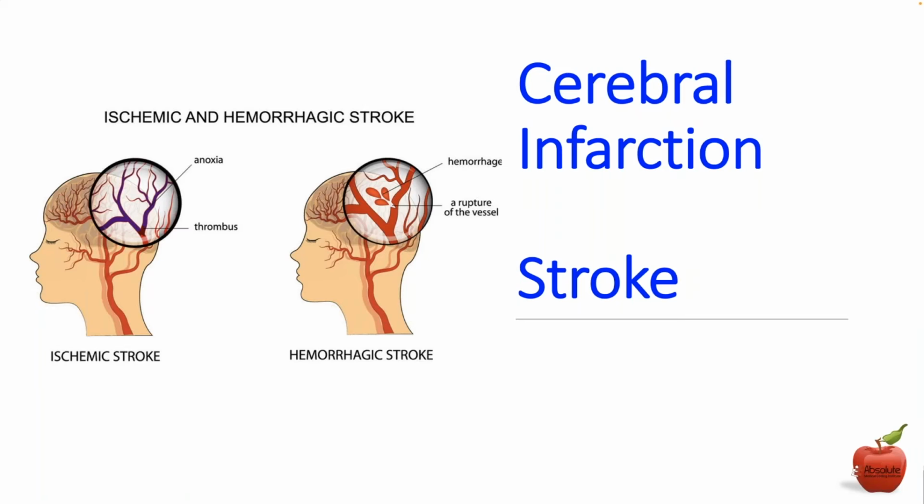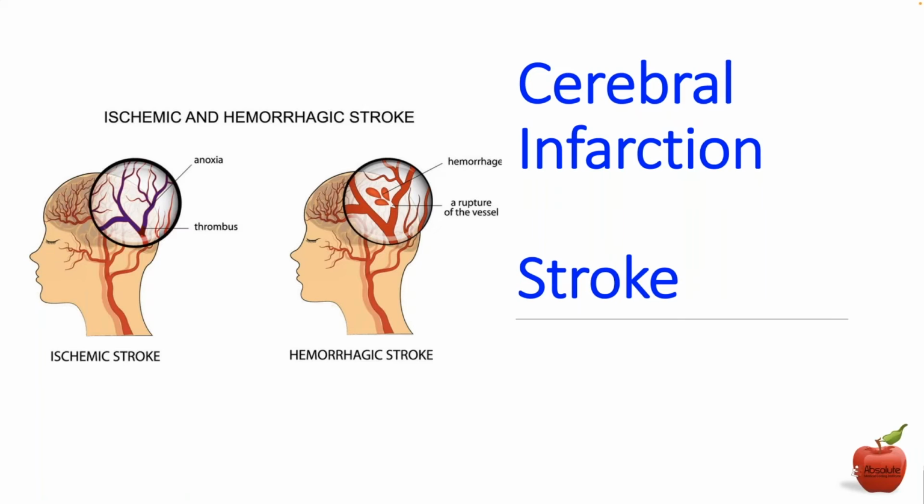Now, on the other hand, hemorrhagic, that type of infarction occurs when a blood vessel in the body ruptures. Specifically, when I'm talking about body, I'm talking about in the brain, right? So if a blood vessel ruptures, you're going to have bleeding in the brain, which can cause more damage than the blockage of blood flow.